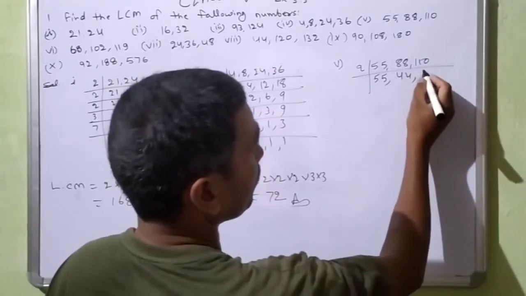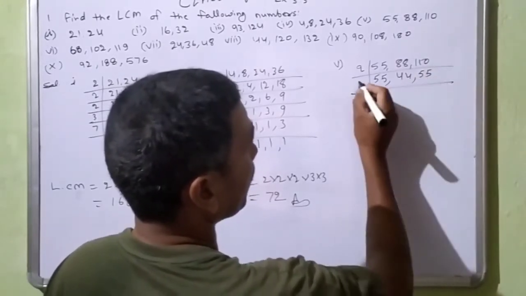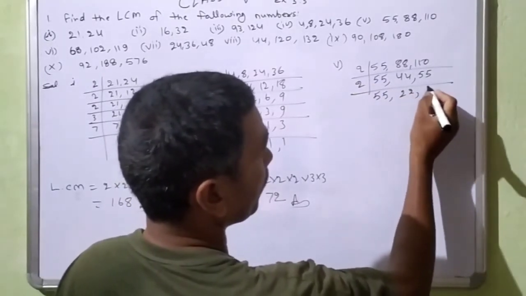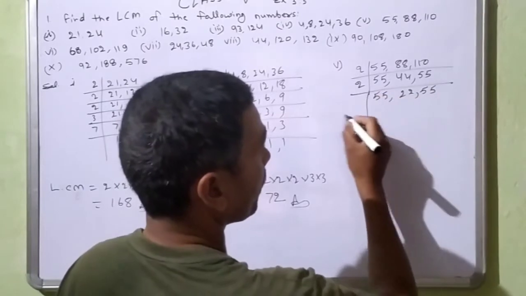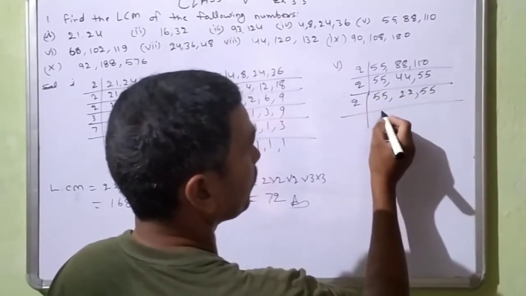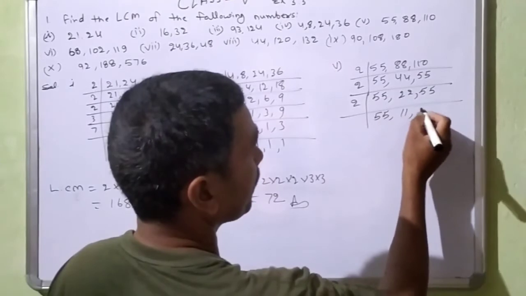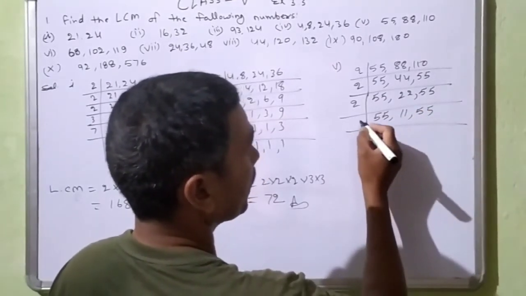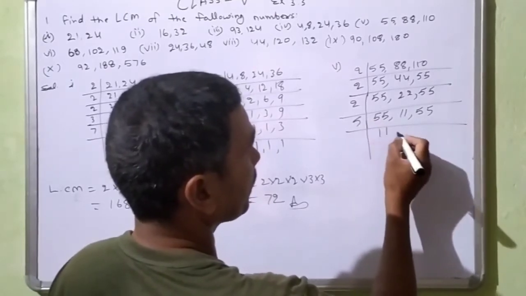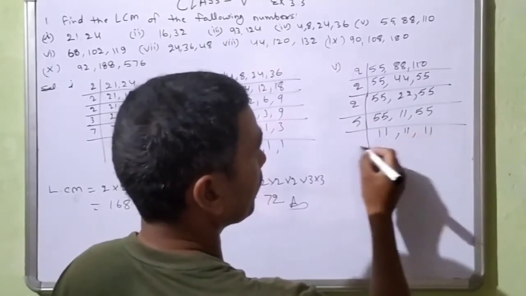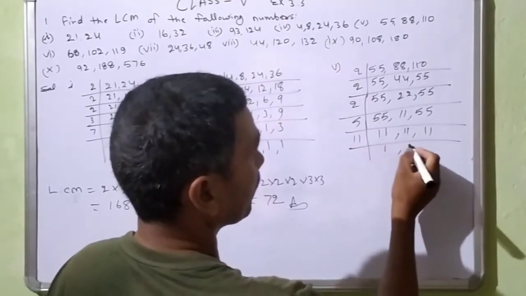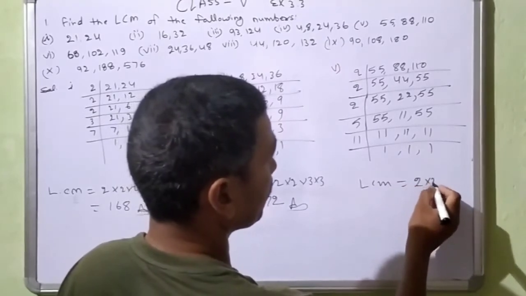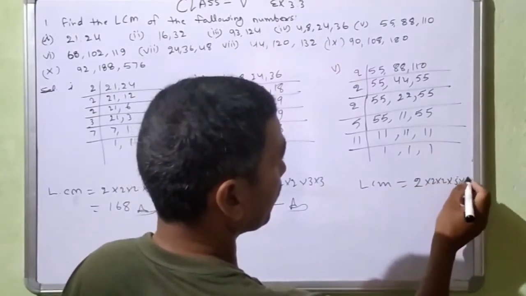Now the third part: 44 and 55. By 2, 55 is same because it's not dividing by 2. 2 twos are 4, 5 and 5. Again by 2, 55 is same. 2 ones are 2, 55. Again by 2, 5 5 1 1 5 5. By 5, 5 ones are 5, 1, 11, 11. By 11, 1, 1, 1. So LCM is equal to 2 into 2 into 5 into 11.